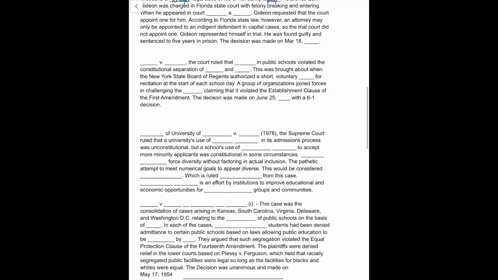Clarence Earl Gideon was charged in Florida State Court with a felony of breaking and entering. When he appeared in court without a lawyer, Gideon requested that the court appoint one for him. According to the Florida state law, however, an attorney may only be appointed to an indigent defendant in capital cases, so the trial court did not appoint one.